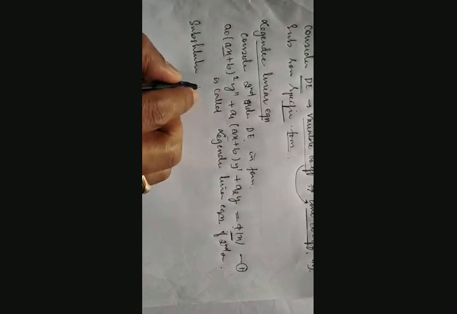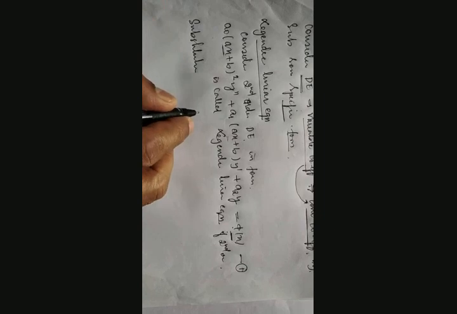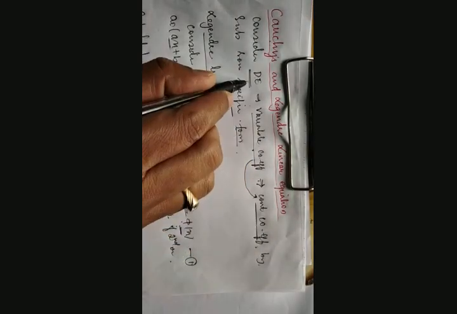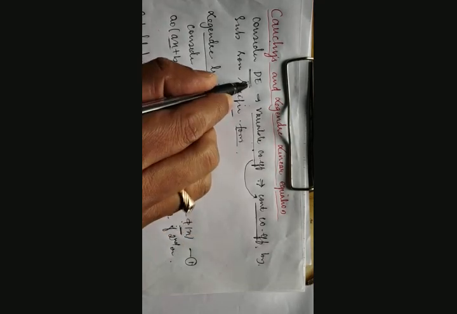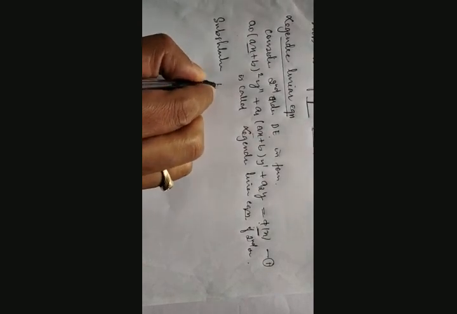For that we have to take a substitution. What substitution will we be taking, and what for? Substitution will be taken only to convert a differential equation of variable coefficients to a differential equation of constant coefficients.